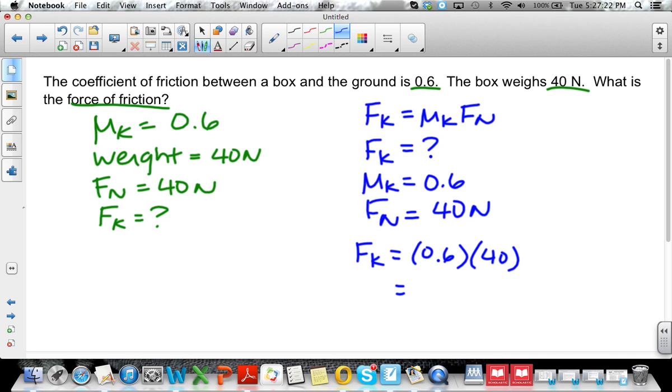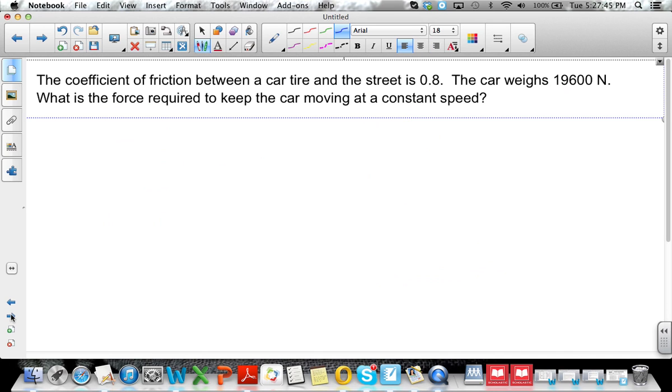And let me get my calculator. 24. So friction is 24 newtons. Okay, and that's all it was asking for. It wanted the force of friction, so that's it. I gave you enough information. You're able to calculate the friction force. Oh, there's a shortcut. Okay, let's go try another one.